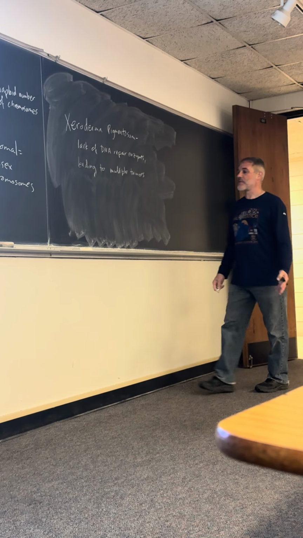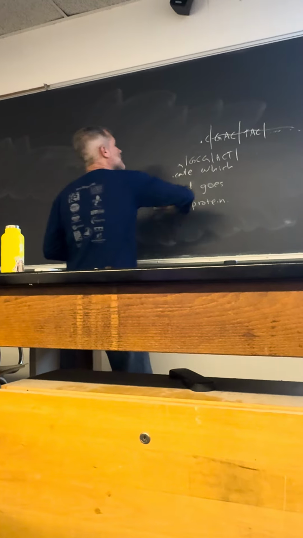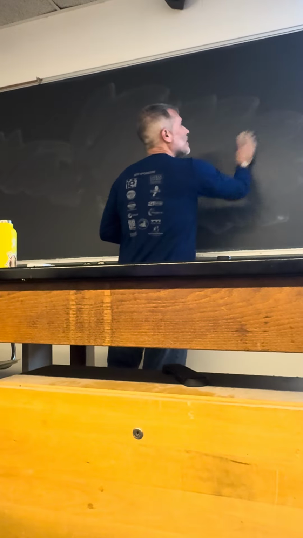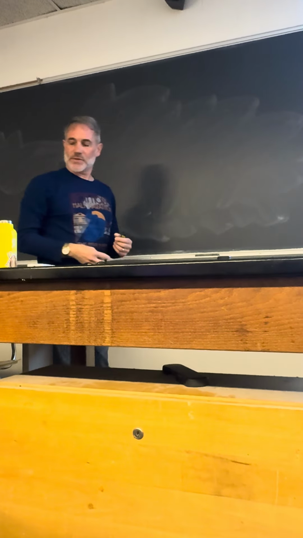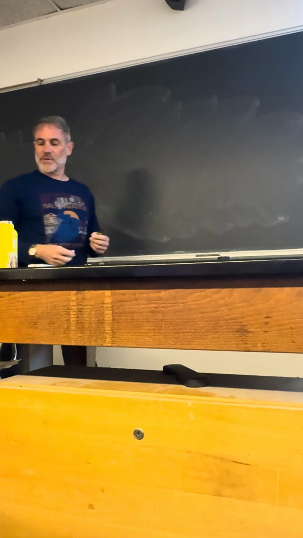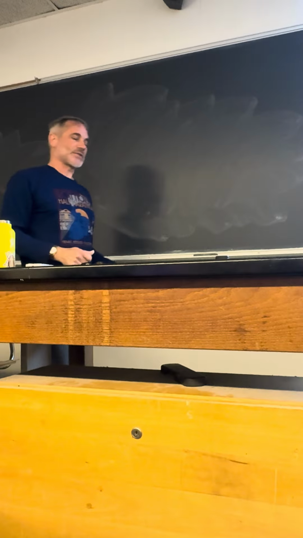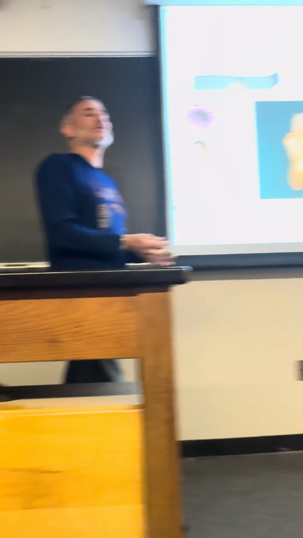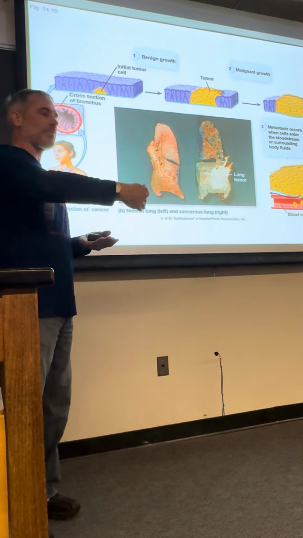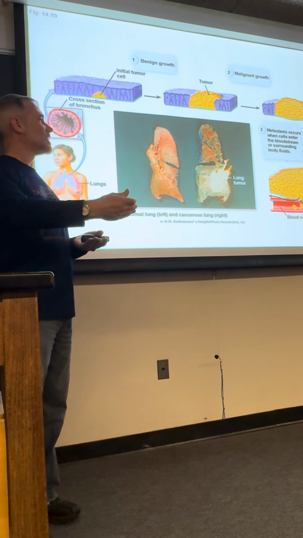All right, let's talk about cancer now directly. We've been kind of skirting around the issue so far, but let's now dive in. One thing that is important to know about cancer is that it is a stepwise progression. You don't just wake up one day and the cancer is there. It happens over a period of time in a sequence of events.